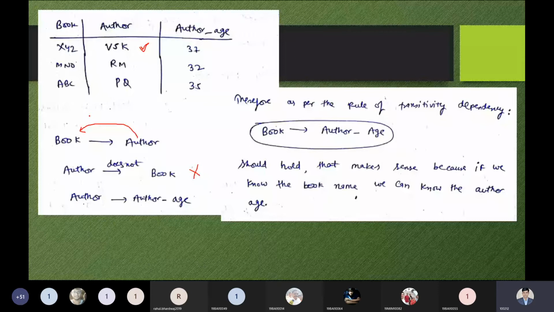So by using the transitivity rule, we can say author age also depends on the book title. Okay, author age also depends on the book title. So this kind of FD is known as the transitive FD.